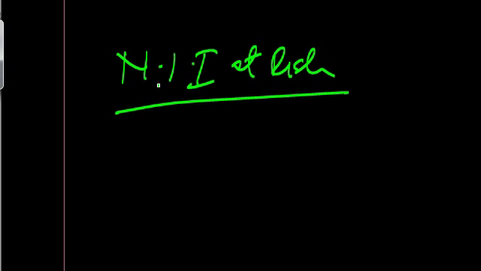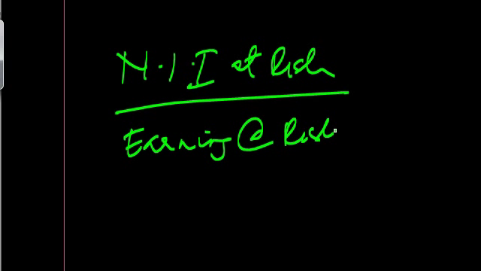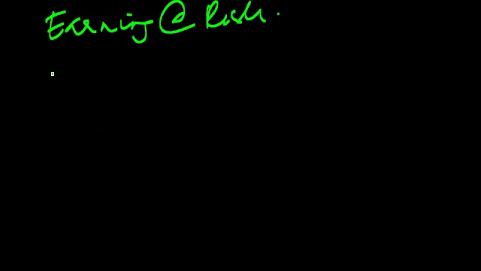So just like NII at risk, there are again two variations of this report. Traditionally, conventionally, we have net interest income at risk. We have earnings at risk. We have market value of equity adjustment.